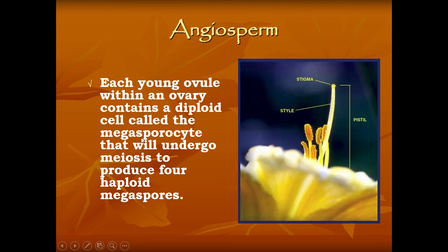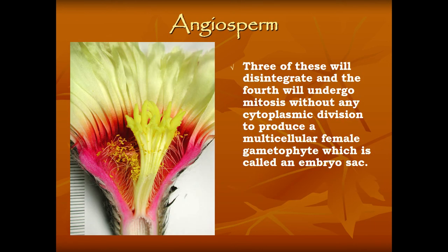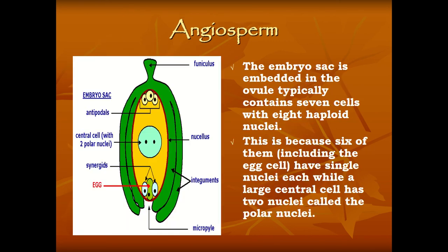It will undergo meiosis to produce four haploid megaspores, and three of the megaspores will degenerate. Meanwhile, only one megaspore will undergo mitosis without any cytoplasmic division to produce a multicellular female gametophyte, which is called an embryo sac.